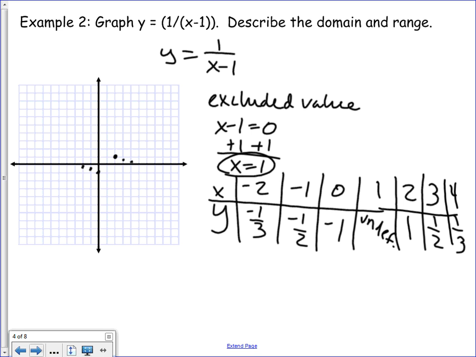All of these are really close to 0 and coming down. Remember, we're not going over the 1, so my curve has to go down so that it doesn't touch x equals 1, because that's the excluded value. The same thing goes up this way, and it doesn't touch the y-axis either. We put arrows there, and now we draw a smooth curve through the points on each side of x equals 1. That lets us know how to draw it.